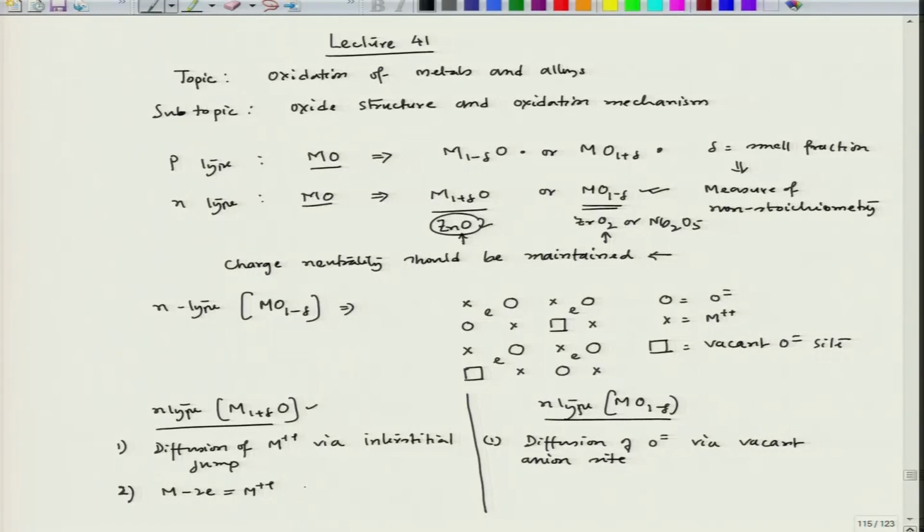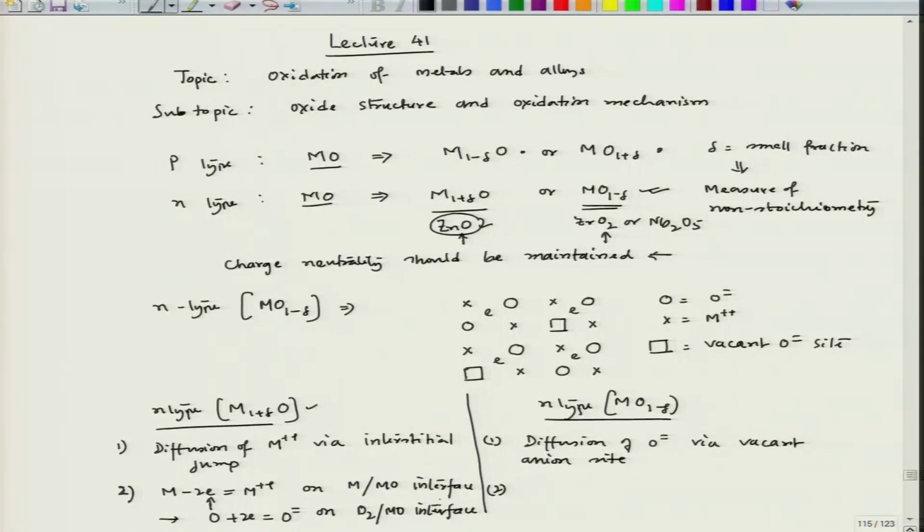It happens on the metal-metal oxide interface, and of course, these electrons go to the other side of the interface, that means the oxide-oxygen interface, and there we have O2 plus 2e equal to O2 minus on the oxygen-metal oxide interface.